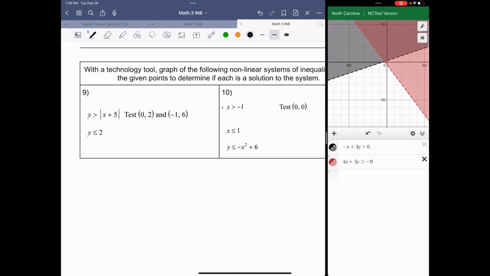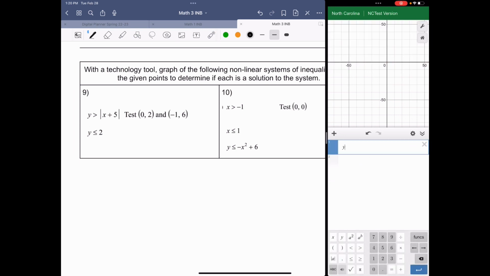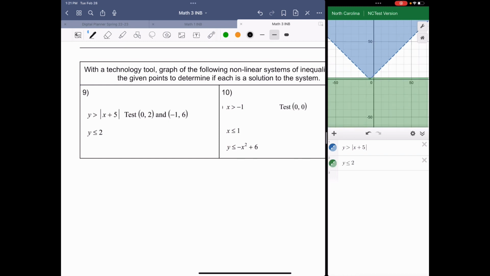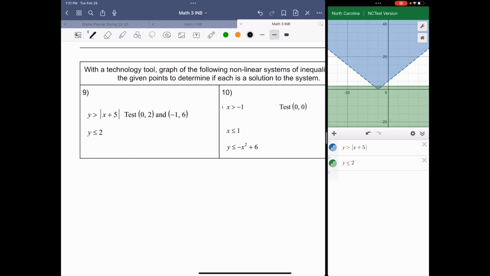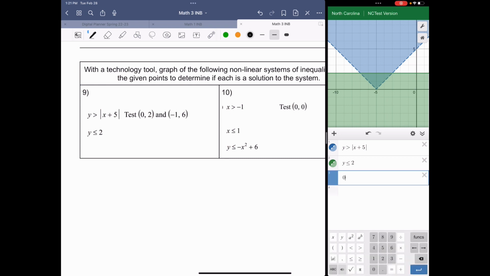So this one wants us to basically test if that point is going to be a solution. So we're looking at the absolute value of x plus 5, and then y is less than or equal to 2. So, this one's going to be quite small in the overlap. So that overlap area is the only one that'll work. So they want us to test 2, 0, 2.